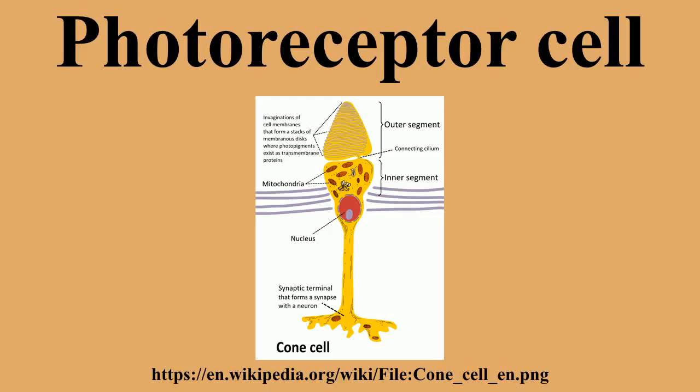Signal transduction pathway. The signal transduction pathway is the mechanism by which the energy of a photon signals a mechanism in the cell that leads to its electrical polarization. This polarization ultimately leads to either the transmittance or inhibition of a neural signal that will be fed to the brain via the optic nerve.